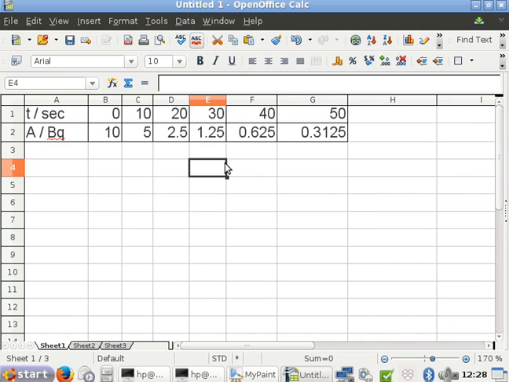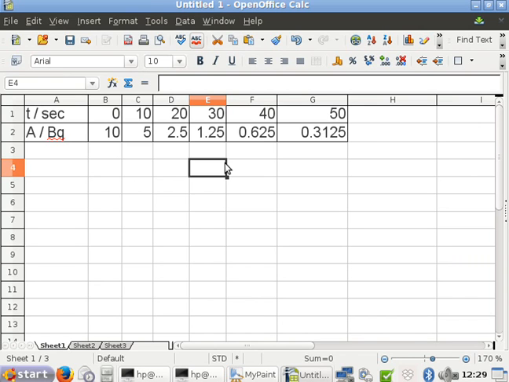Yes, for half-life. It is exactly 10. Yes, because of my choice. No, it is exactly 10. Listen carefully to my words. It is exactly 10.